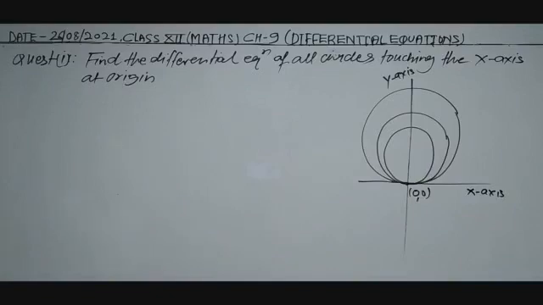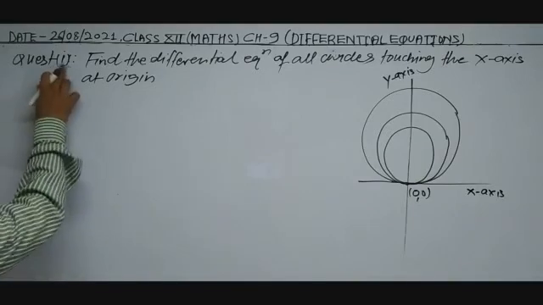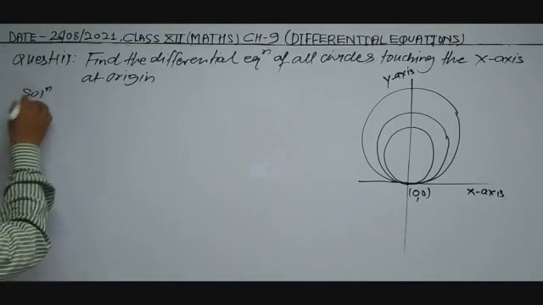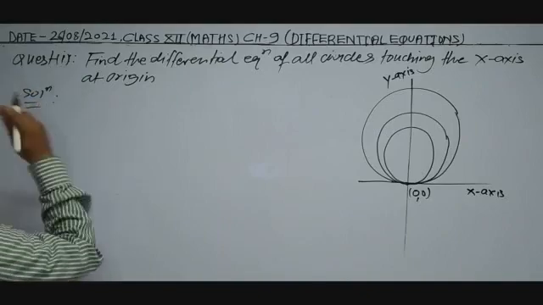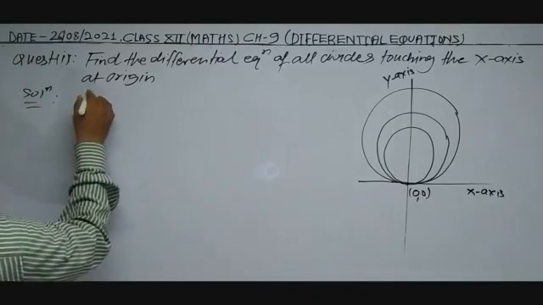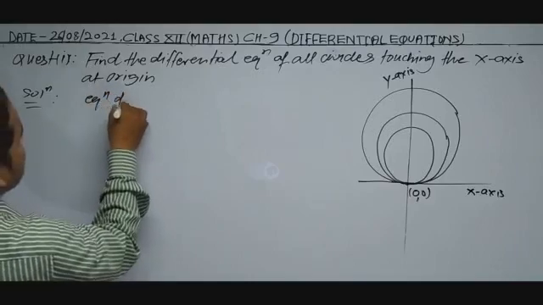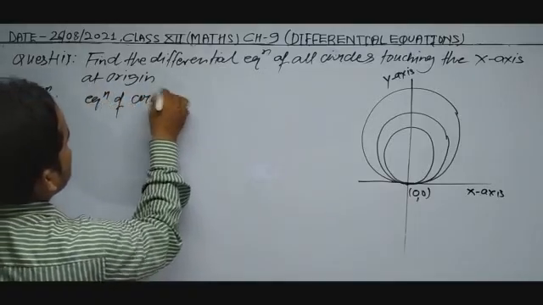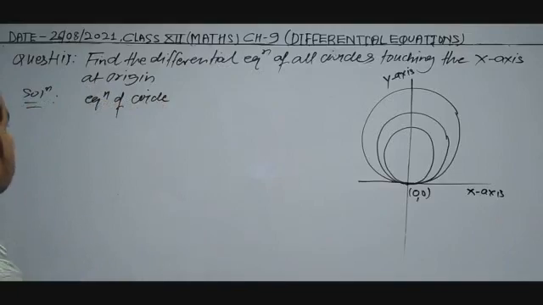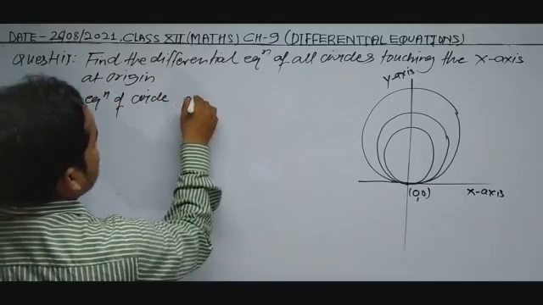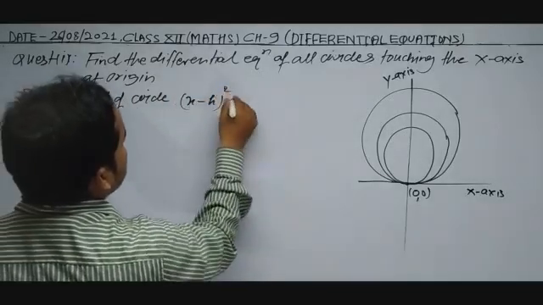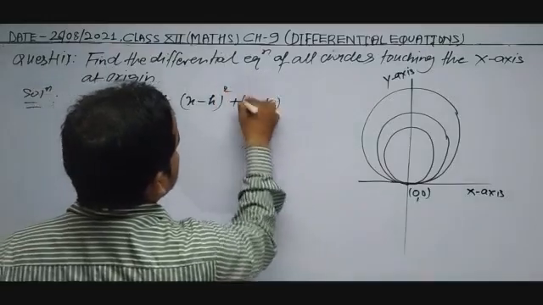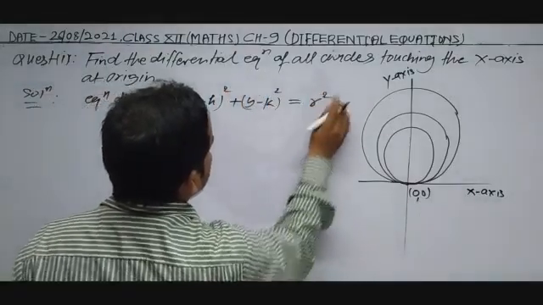Now suppose, the standard equation of a circle, you know, is x minus h whole square plus y minus k whole square is equal to r square.